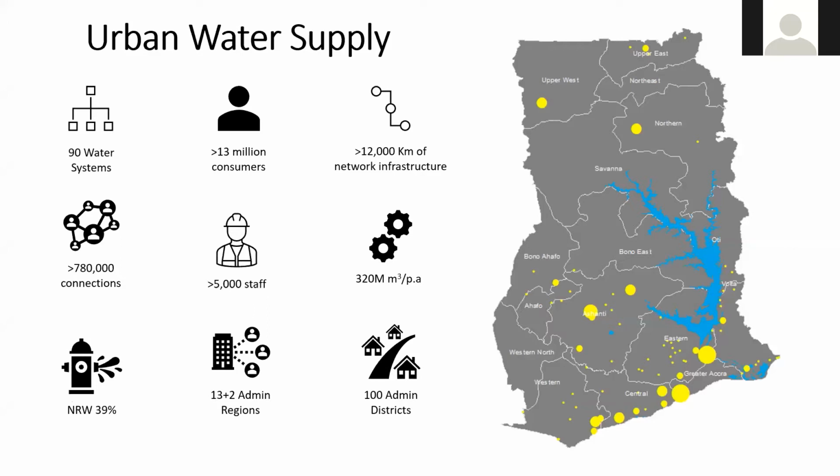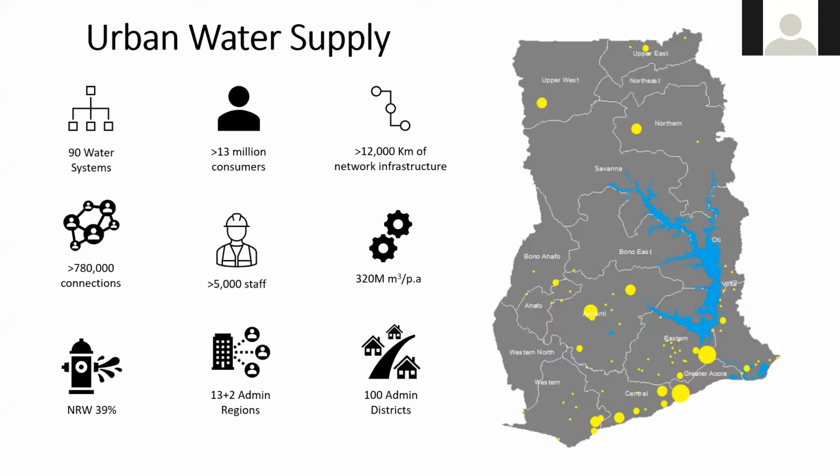As a company, we have presence across the country, and we operate 90 water systems, and we provide water to a little over 13 million consumers nationwide. This we do through a network infrastructure that measures a bit over 12,000 kilometers.